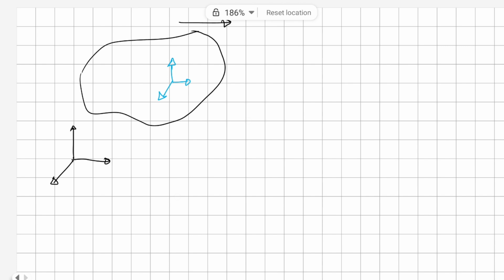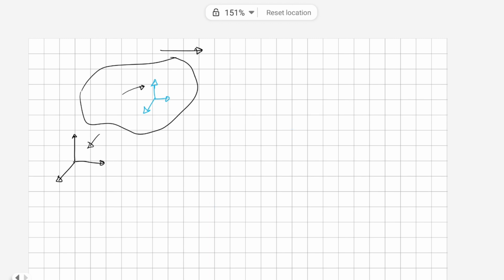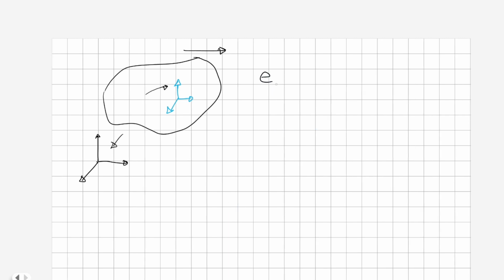We have been using the coordinates prime to express the basis of this coordinate system, and not prime for this coordinate system. And that equation is that E_i prime is equal to A_ji prime E_j.